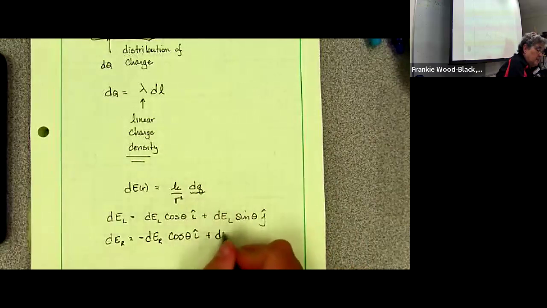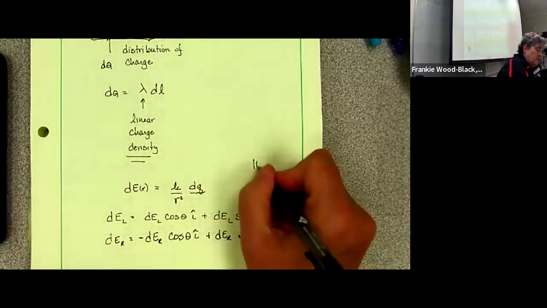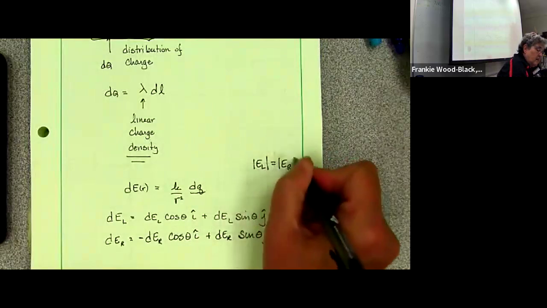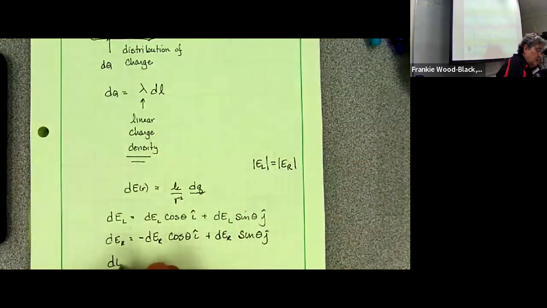And this side is dE right sine of the angle. But the magnitude of E left is equal to the magnitude of E right. So dE is just going to be 2dE, some little component here.